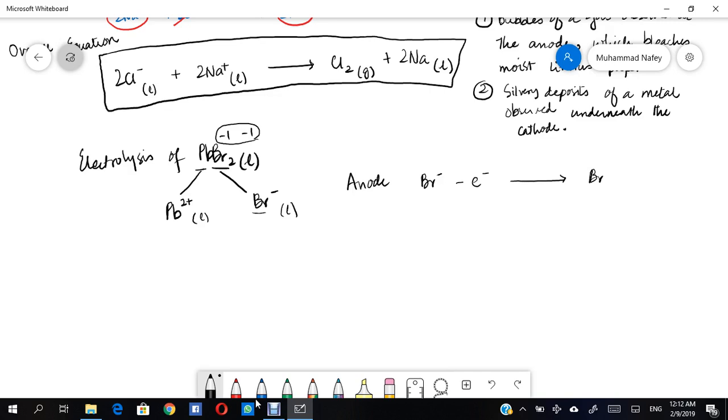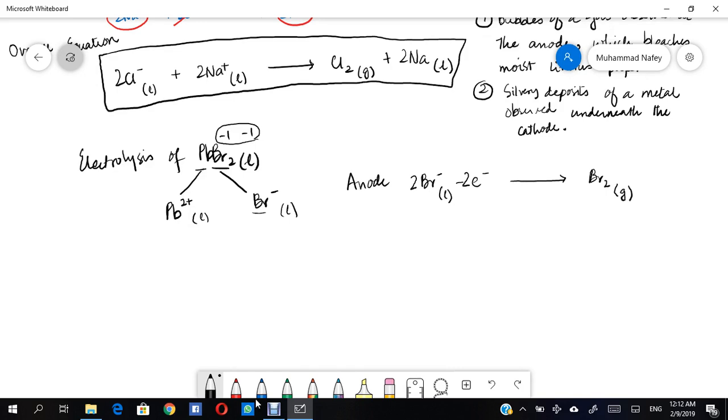The first mistake: Br is a halogen, and halogens exist as diatomic molecules. Therefore, it has to be Br2, and we need to do the balancing, 2 Br minus and 2 electrons. The second mistake: absence of state symbols. It's liquid here, and bromine at the high temperatures is a gas.